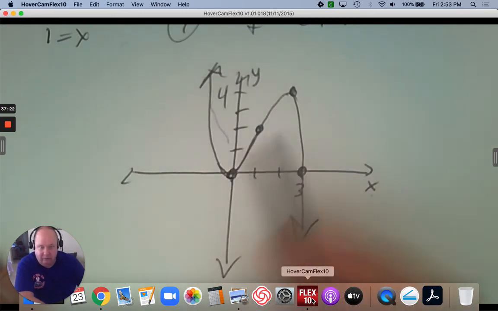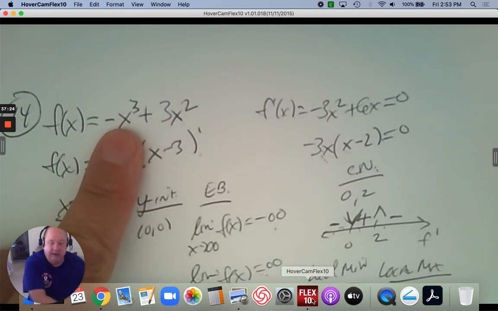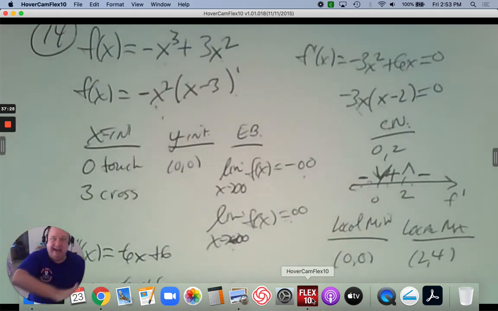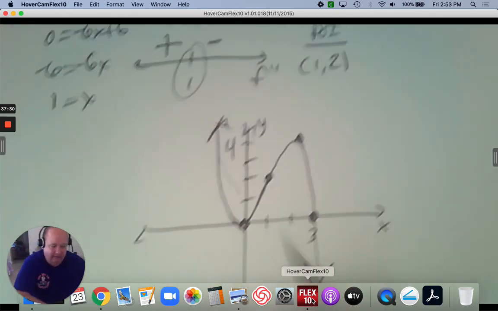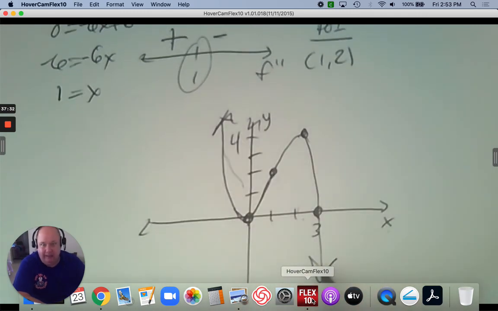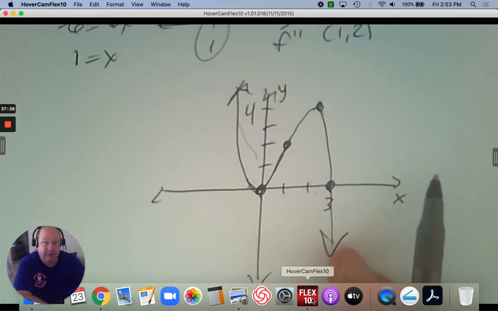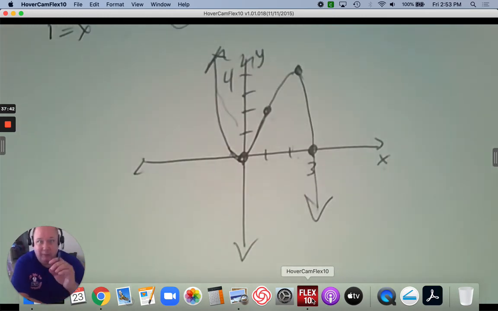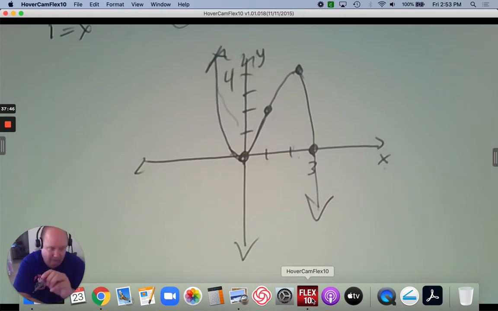There is a sketch of negative x cubed plus 3x squared using pre-calculus and calculus, understanding intercepts and behavior, understanding a minimum and a maximum, the point of inflection, concavity, and putting it all together. Again, it's not simple. It's calculus. But when we practice together, you get stronger and more confident that you're able to handle these functions.